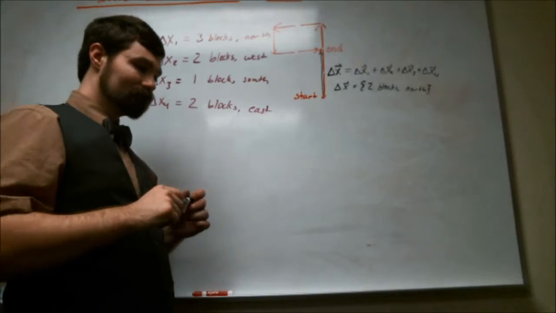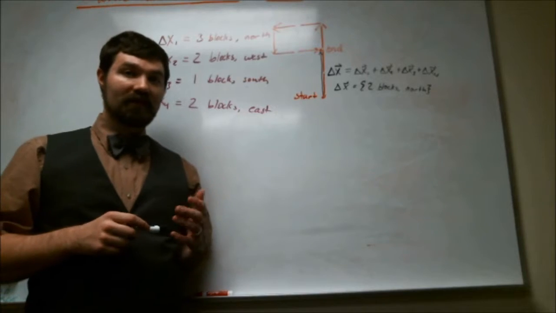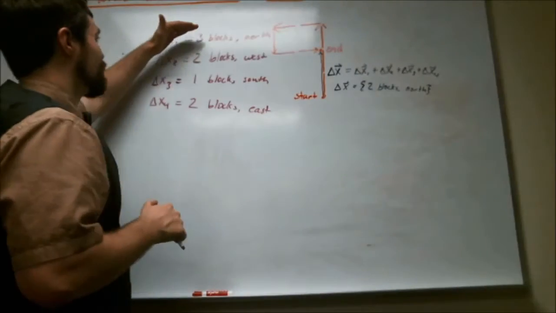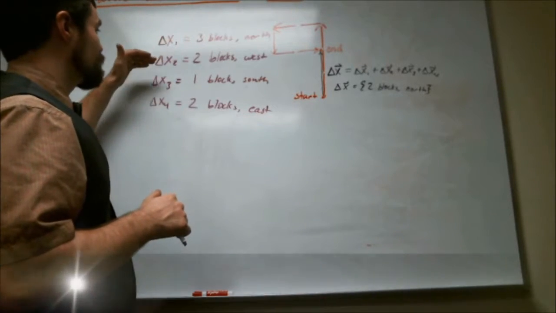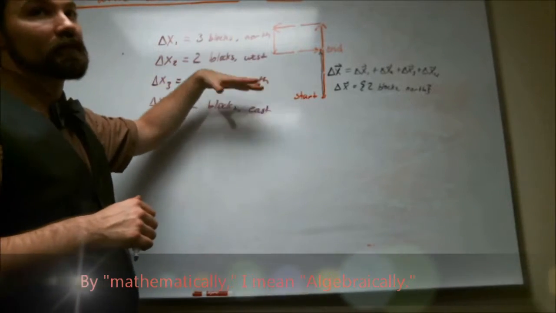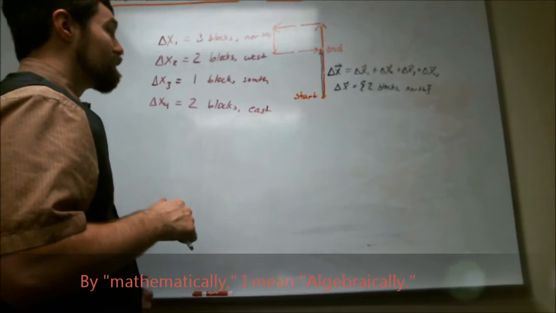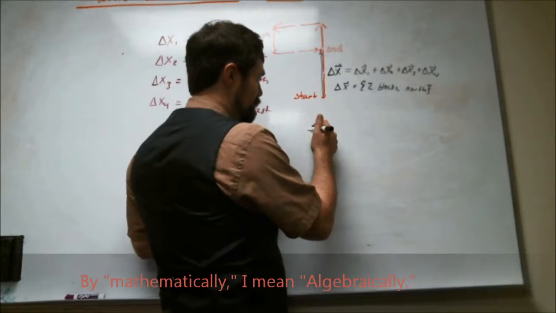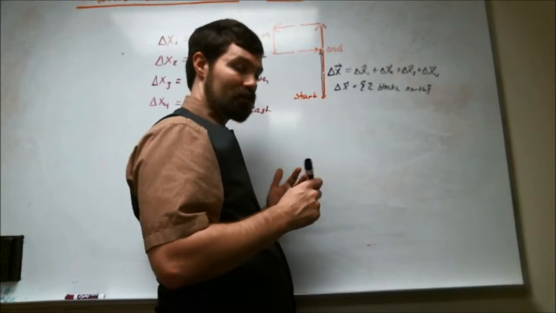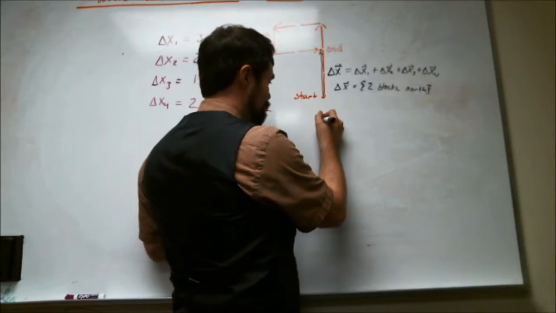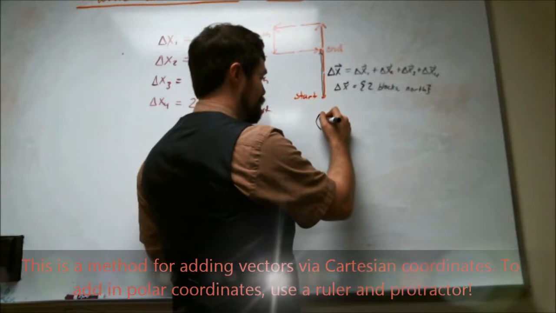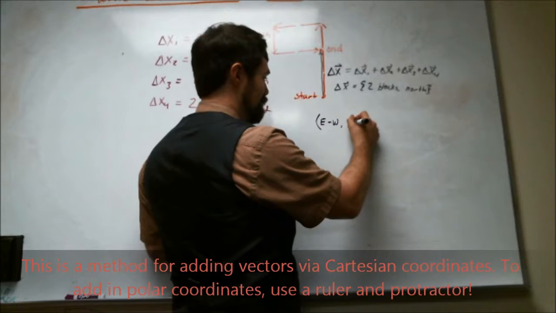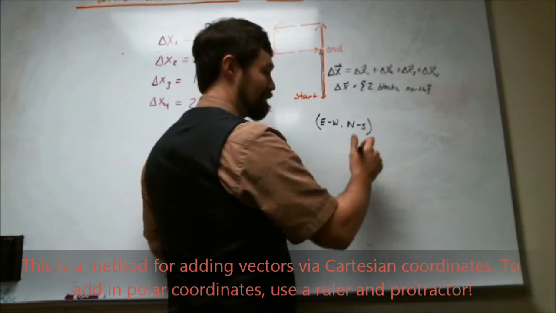Okay, so mathematically, what does that look like? Mathematically, we have x1, x2, x3, and x4 written out over here. We would want to maybe break those up so that any vector might be written as east-west, comma, north-south.